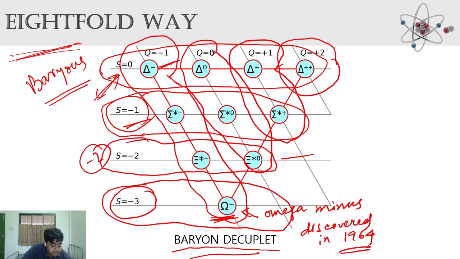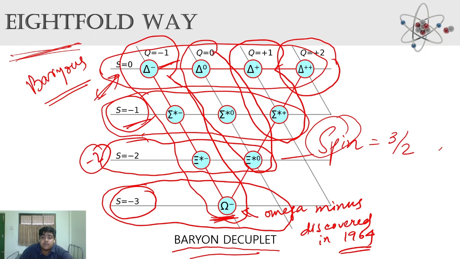One thing I forgot to mention in this baryon decuplet is that the spin of all these particles is equal to 3 by 2.